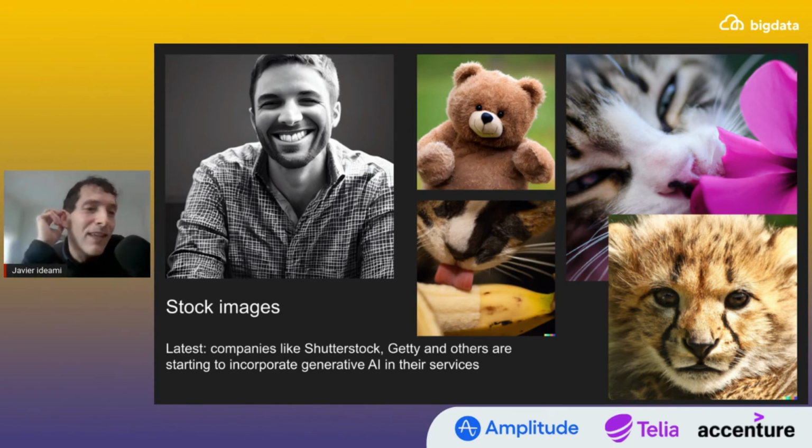Because they were obviously very worried, because if they did nothing, a lot of startups would take over the stock image space. So they saw the ears of the wolf, and they said, oh no, we have to get there first. So immediately they have started doing agreements with companies like OpenAI to basically integrate generative AI quickly into their platforms before startups take over the space.